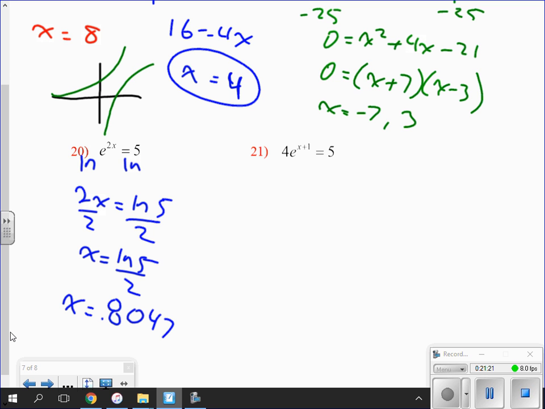With graphing calculators, this is how they work: you hit natural log, and then whatever you type in after that, it takes the natural log of everything. So it does not take the natural log of 5 and divide that by 2. It takes the natural log of 5 divided by 2, so the natural log of 2.5.